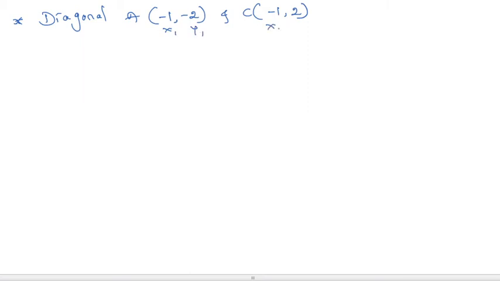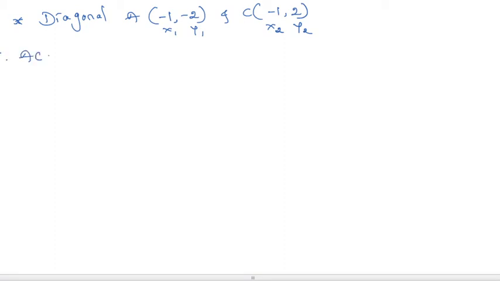For diagonal AC, the coordinates of A are minus 1 comma minus 2, and the coordinates of C are minus 1 comma 2. It is x1, y1, x2, y2.